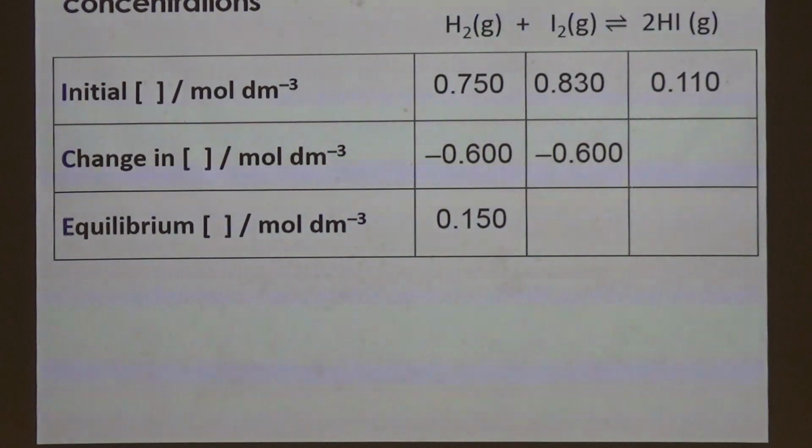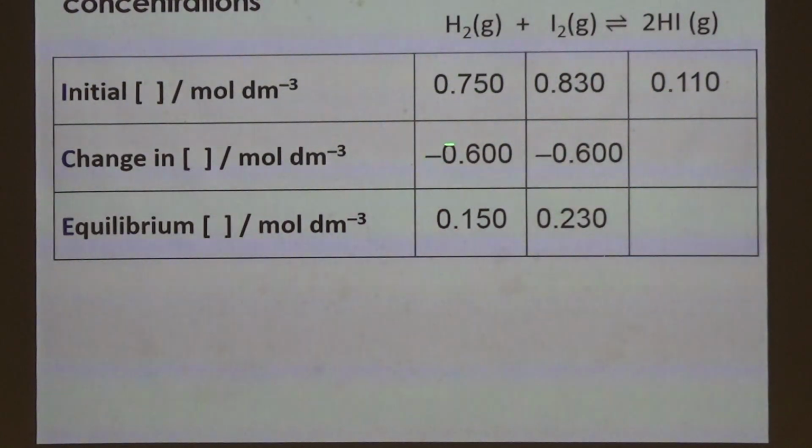If you look at the equation again, the ratio of the change in concentration is always in accordance with the balanced stoichiometric equation. So if the change here is minus 0.600 moles per dm cube, this must also be minus 0.600 moles per dm cube because the stoichiometric coefficient is the same.